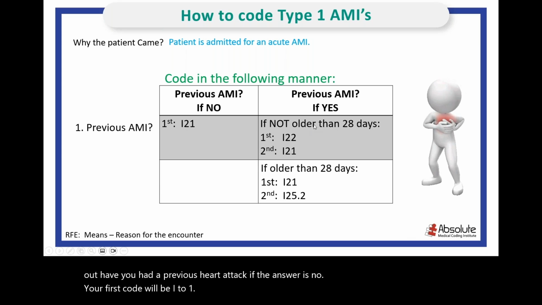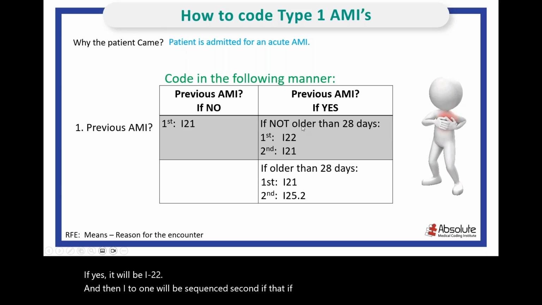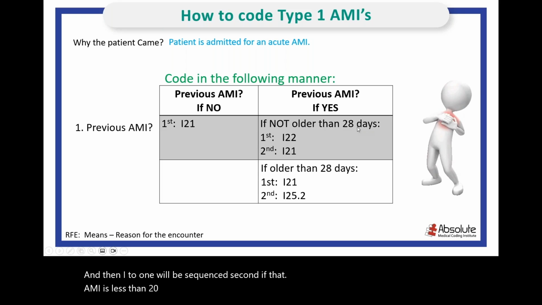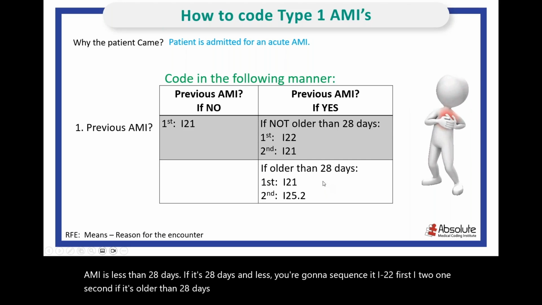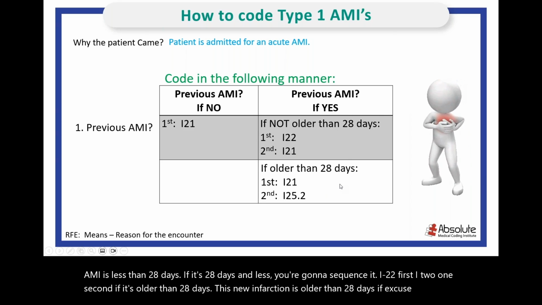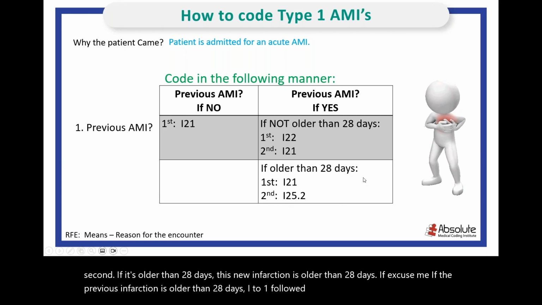If yes, it will be I22. And then I21 will be sequenced second if that AMI is less than 28 days. If it's 28 days and less, you're going to sequence I22 first, I21 second. If the previous infarction is older than 28 days, I21 followed by I25.2.